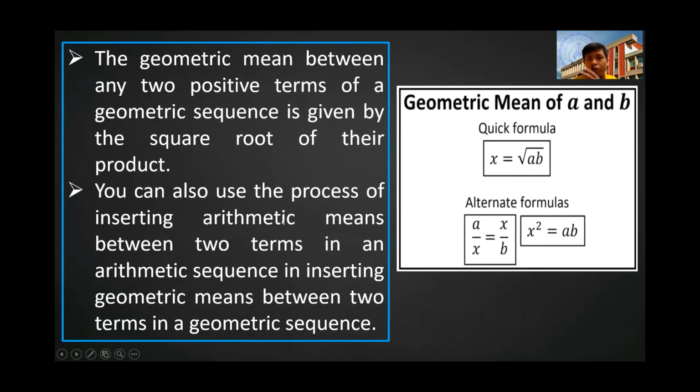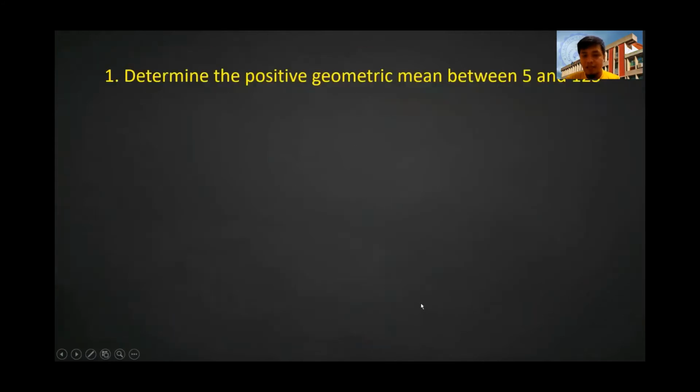So again, there are two ways to do that. One is to use the formula, and the second is by using arithmetic means between two terms in an arithmetic sequence in inserting geometric means. How are we going to do that? We're going to be showing that in the succeeding slides.